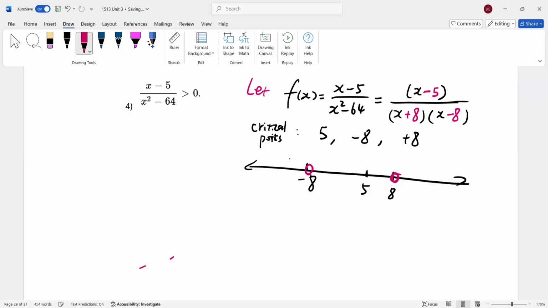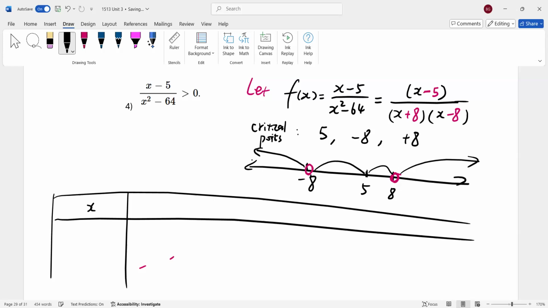So the critical values separate the domain into 4 parts, sorry, I said it wrong. 4 parts: the interval negative infinity to negative 8, negative 8 to 5, 5 to 8, 8 to positive infinity. 4 intervals. And then we can start our chart.